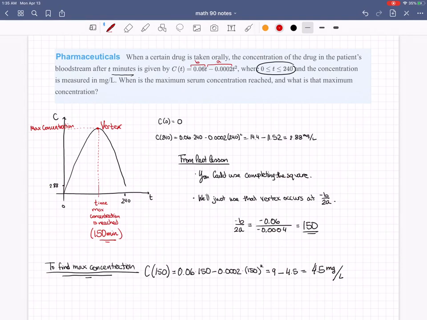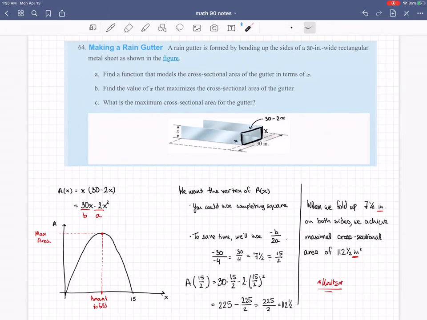In the last example, the time was in minutes, and the concentration was in milligrams per liter. So especially when you encounter problems like this on tests and quizzes, I'm going to be clearly asking you to state your final answer with all appropriate units.